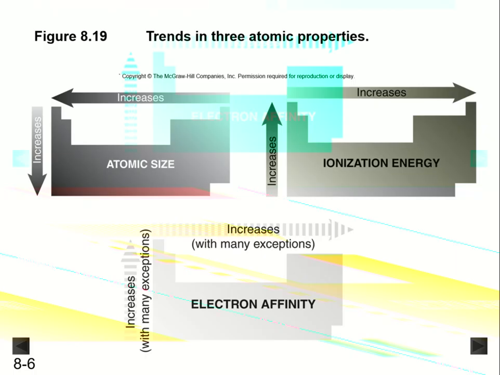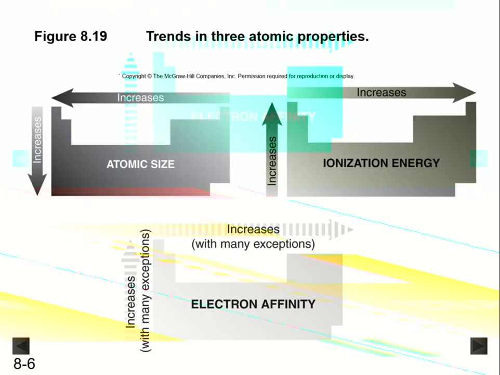Overall, the trends in atomic radius, atomic size, ionization energy, and electron affinity are shown in these graphics. The upper two include the noble gases. The electron affinity, of course, does not include noble gases because they do not attach electrons. So in the upper left-hand corner, we have our atomic size, the gray boxes.